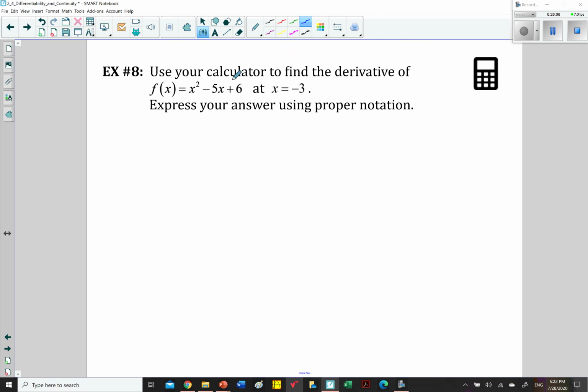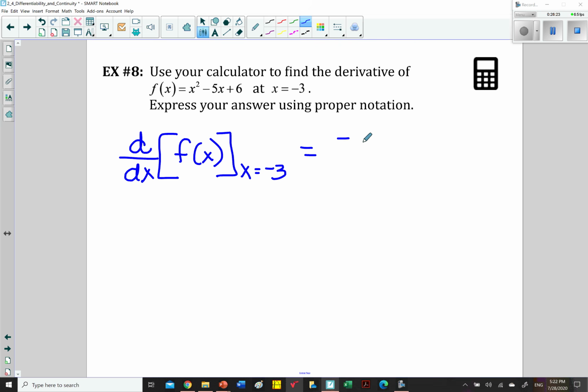If you use your calculator to find the derivative, you want to be able to substitute into the calculator, find the derivative of the function f of x at x equals -3. And my calculator gave me -11.